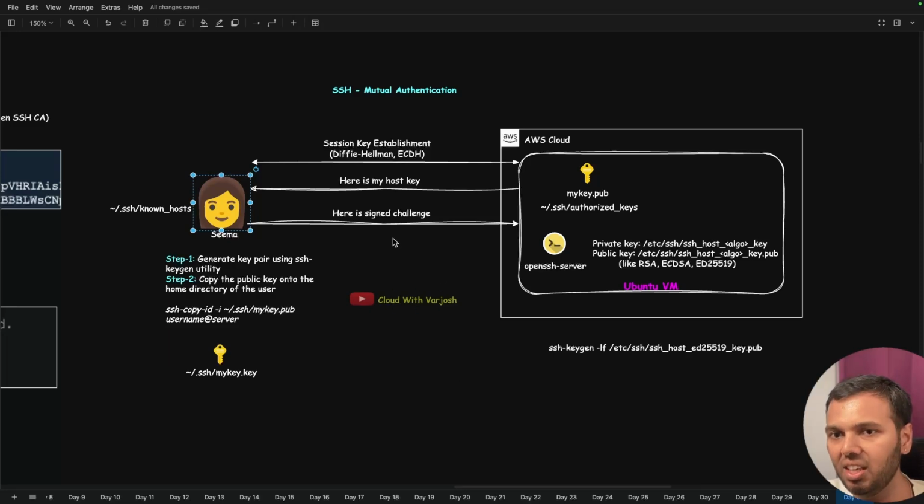This session key is created for both Seema and the server using the Diffie-Hellman or ECDH algorithm. ECDH is elliptic curve Diffie-Hellman, and these algorithms are used to generate these session keys. But Varun, they just exchanged their public keys. How can a session key be derived, and you are saying that the session key is the same for both Seema and the server? How is that possible?